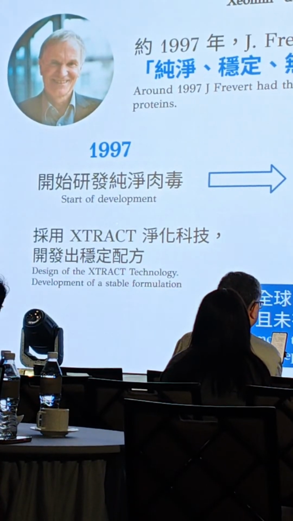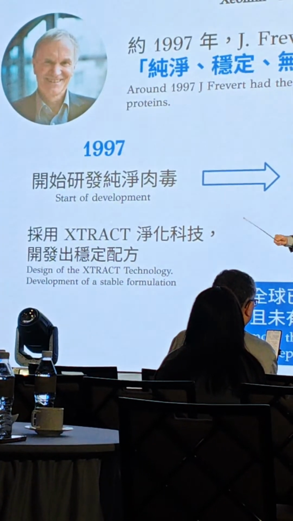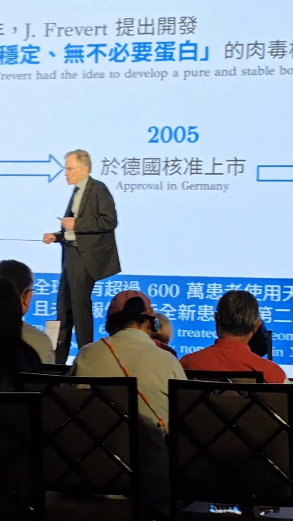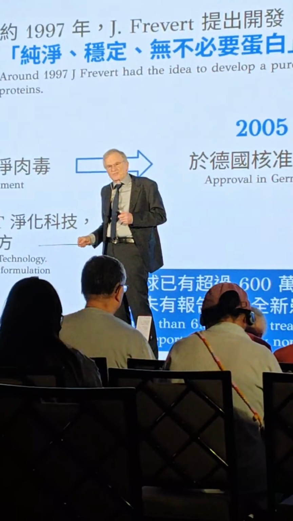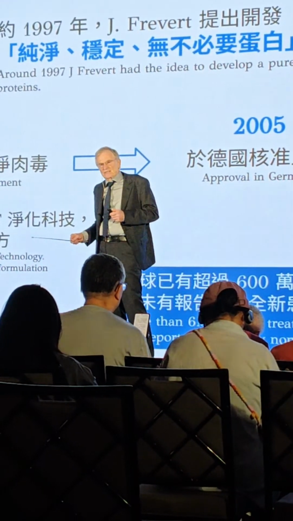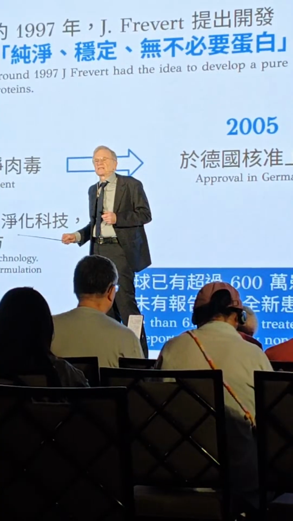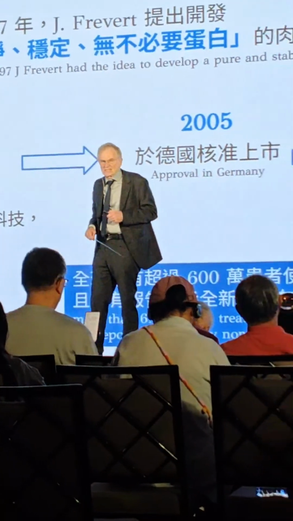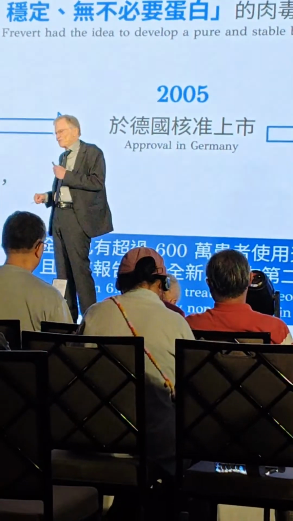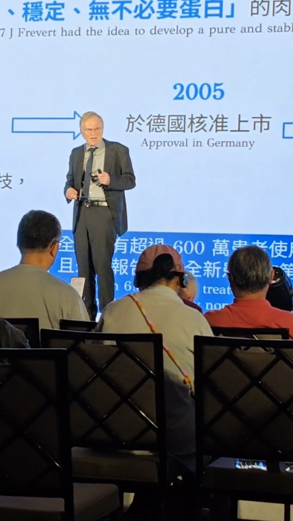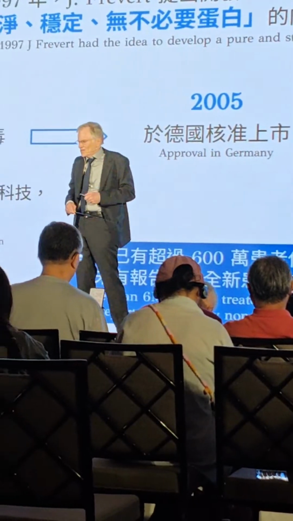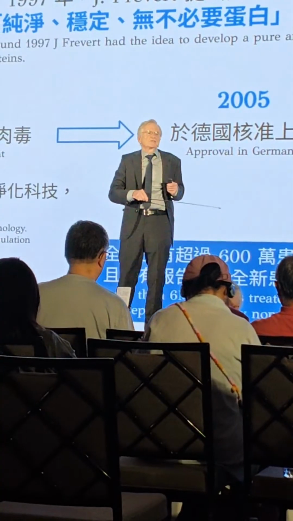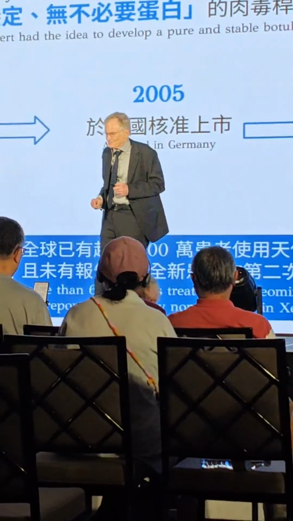It's now 20 years ago, and it's 10 years on the Taiwanese market. Interesting correlation. A couple of years later, in 2009, Xeomin was approved for aesthetic indications for the treatment of glabellar lines. And we are a little bit proud because now more than 6 million patients are treated with Xeomin, and there is no report of secondary non-response based on neutralizing antibodies.